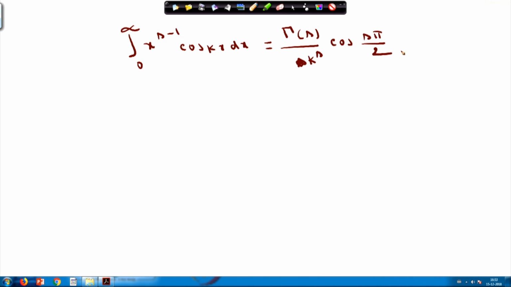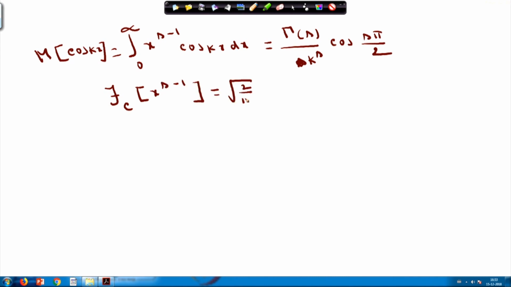This is already evaluated. And the Fourier cosine transform of x to the power s minus 1, what is this?